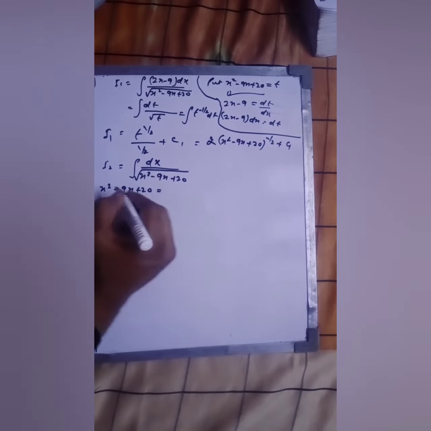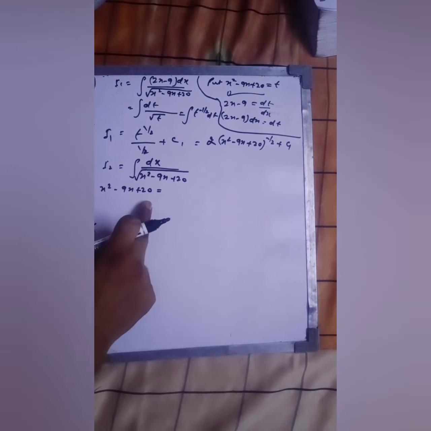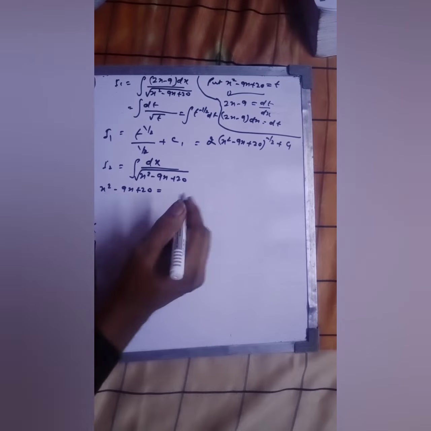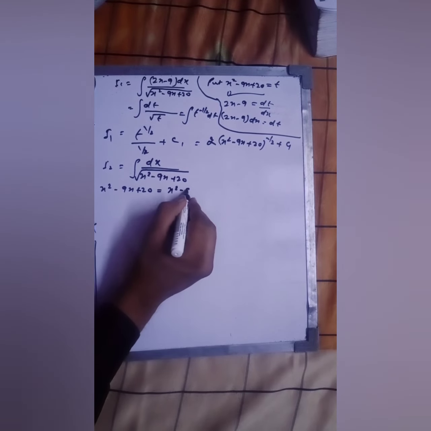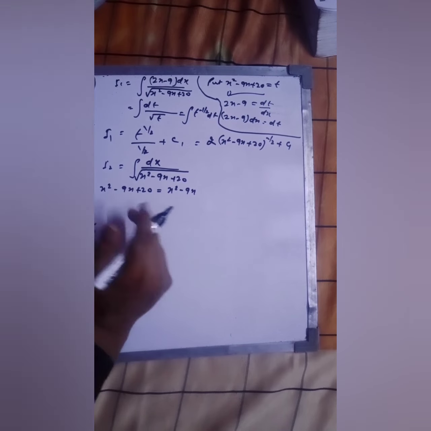First of all, you check the coefficient of x square. The coefficient of x square is 1, so there is no need to divide the whole thing. The second step is you multiply the coefficient of x by half, so you will get 9 by 2.